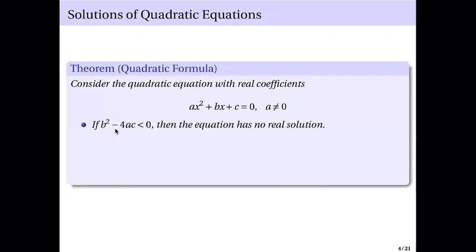Now, compute b squared minus 4ac. If the number you obtained is less than 0, then this equation has no real solution, if you calculated b squared minus 4ac and got some negative number.